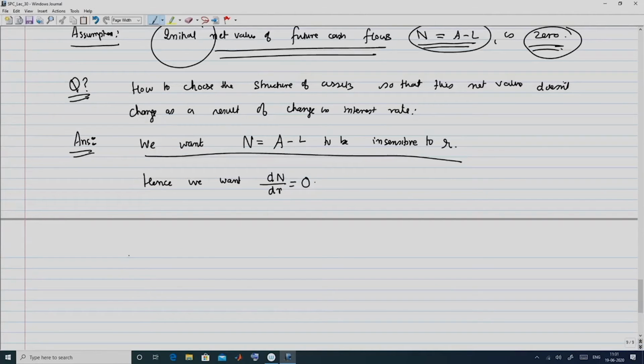All right. So, therefore, what is going to be my dN dr? dN dr is nothing but the derivative with respect to r of A minus L, and what is A minus L?